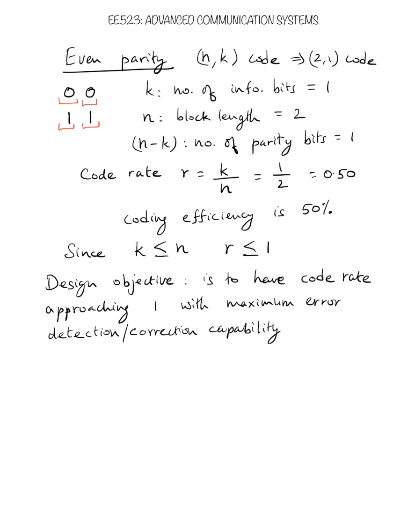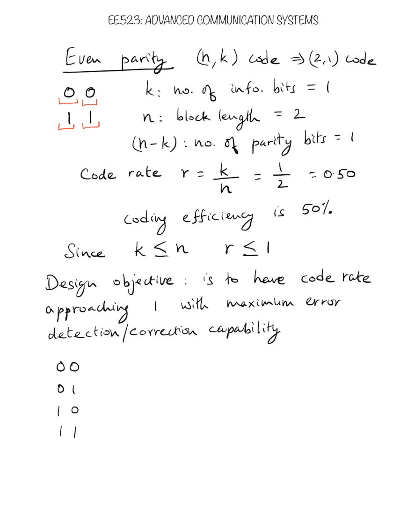So we have a coding efficiency of 50%. Similarly, now we are going to do an NK code which will be 3-2. So we have 2 bits of information: 00, 01, 10, 11. With 2 bits of information, we have 4 possible combinations.